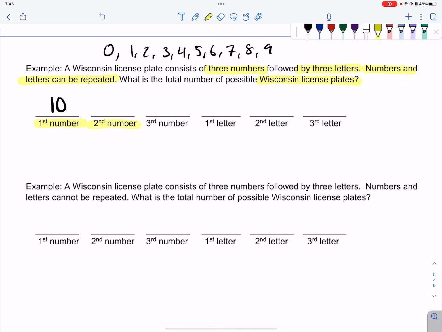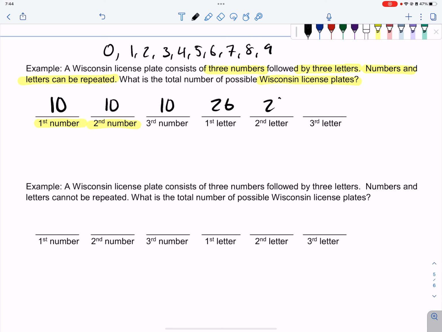The second position of the license plate, well, if the numbers and letters can be repeated, this one as well has 10 different options to choose from. And then same with the third number. So now let's move on to the letters. In the English alphabet, we have 26 different letters. So that first letter has 26 options.